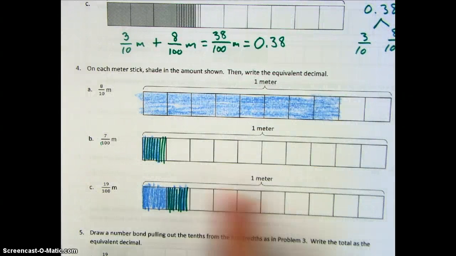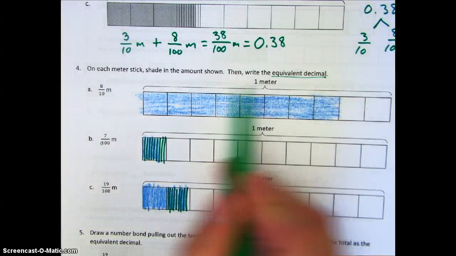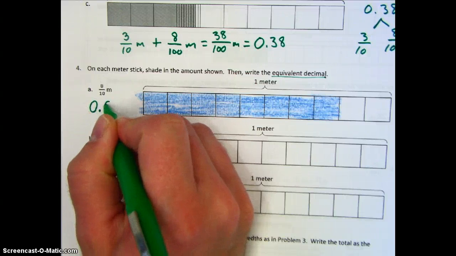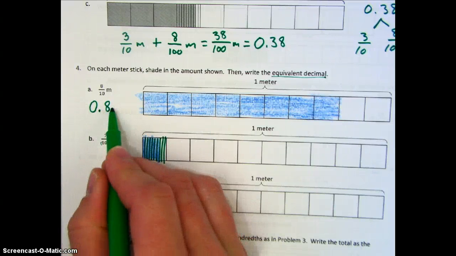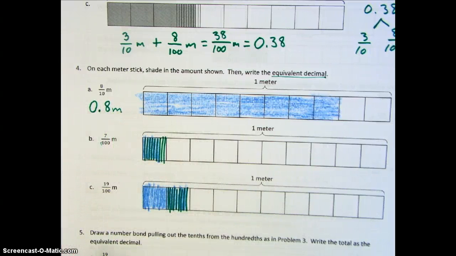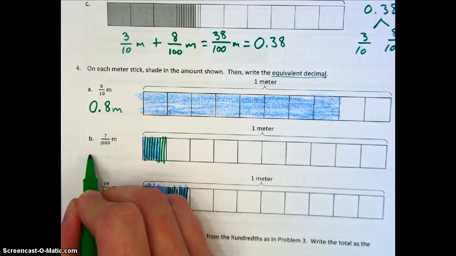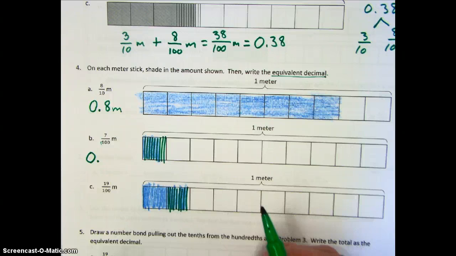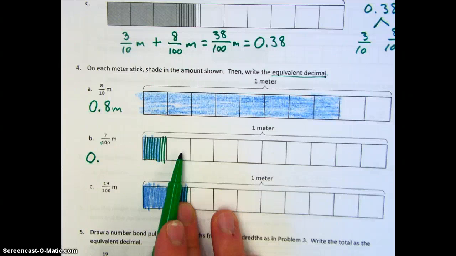Okay. Now going back up through, remember we need to include the equivalent decimal. So looking at our 8/10ths, we remember that the place directly after the decimal point is your tenths place. So our equivalent decimal looks like that. Now letter B gets a little bit tricky because remember this is 7/100ths. So when we go to write the equivalent decimal, notice how we do not have any full squares shaded in.